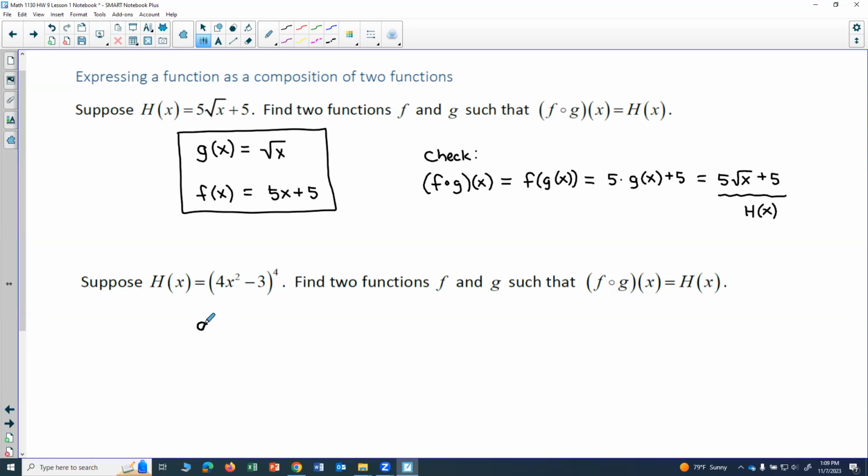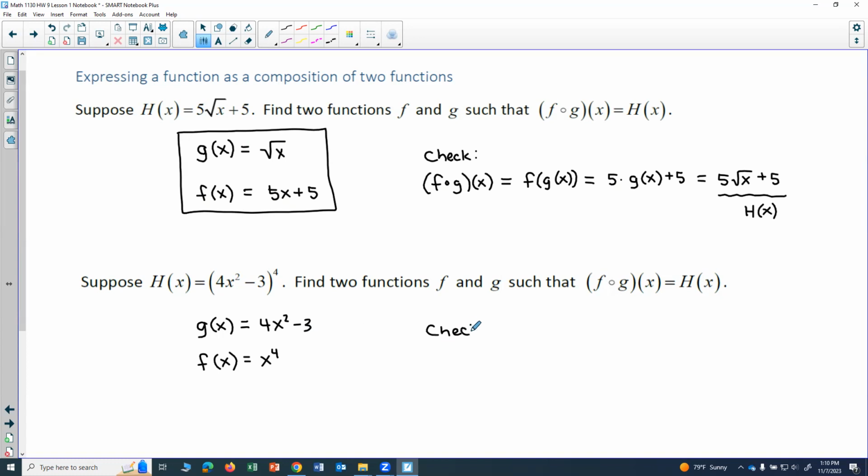So for my inner function, my g of x, I'm just going to pull everything that's in the parentheses, 4x squared minus 3. And for my outer function, f of x, I'm going to put x to the 4th because somehow I have to account for that entire expression being raised to the 4th power.